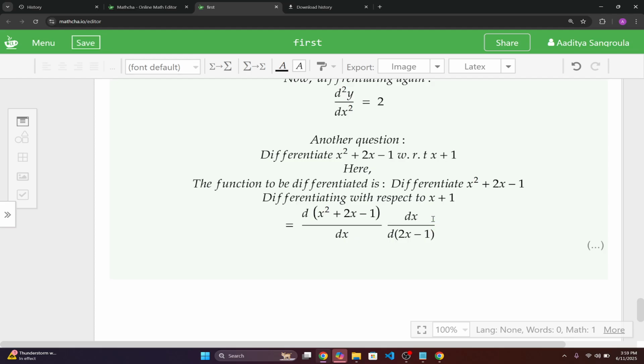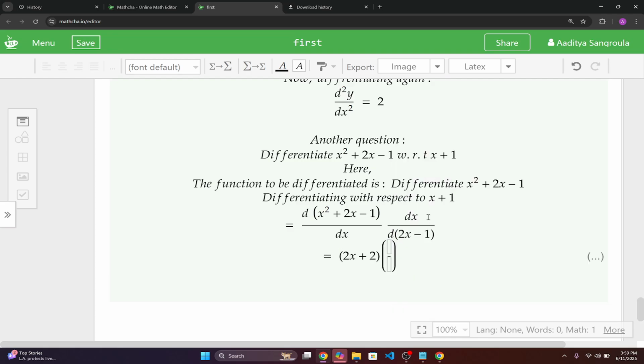For now, it's going to be 2x plus 2 times the derivative of x with respect to 2x minus 1.